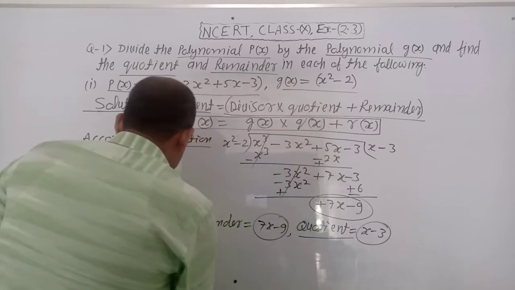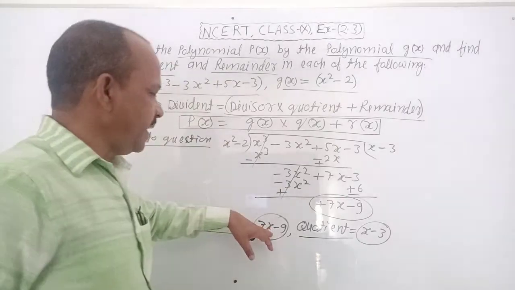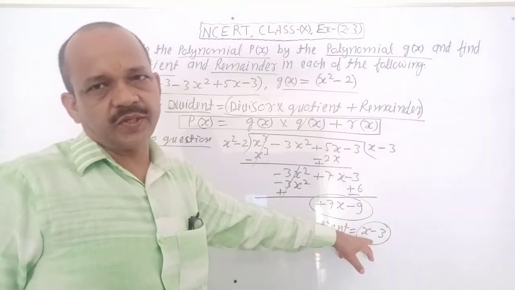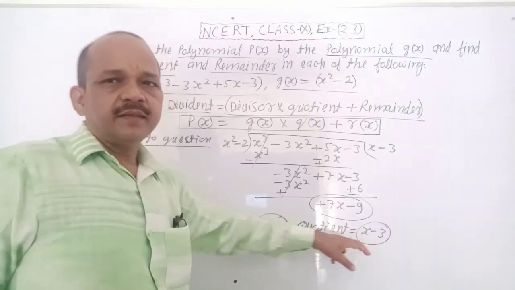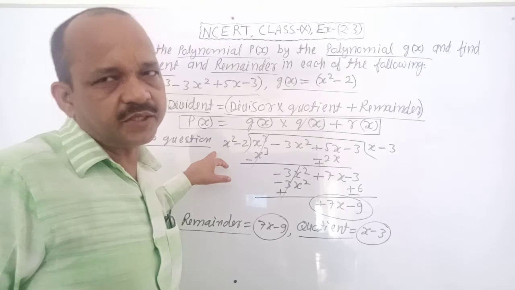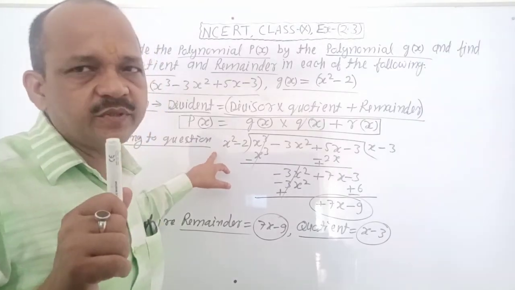You find remainder 7x minus 9 and quotient x minus 3 by division of p(x) by g(x). Clear? No confusion about it?